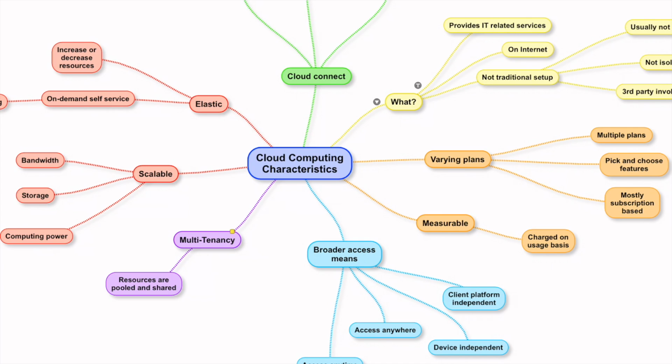It gives you a fair idea about how to differentiate the legacy services which are there on-prem and the cloud services. Cloud computing is the future path.